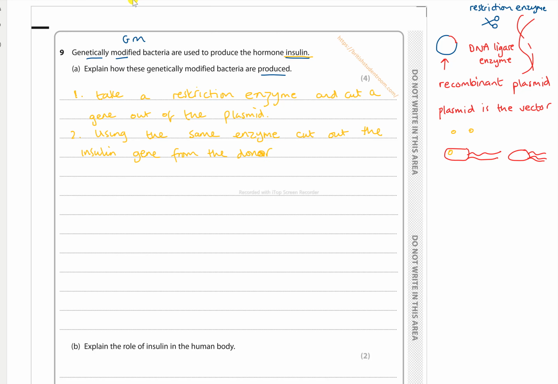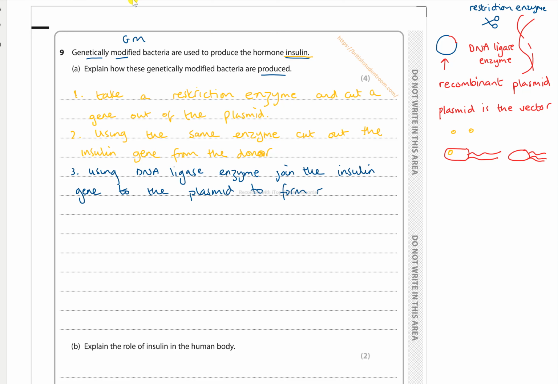Right, then what do you do? Using DNA ligase enzyme, join the insulin gene to the plasmid to form, what does it form?